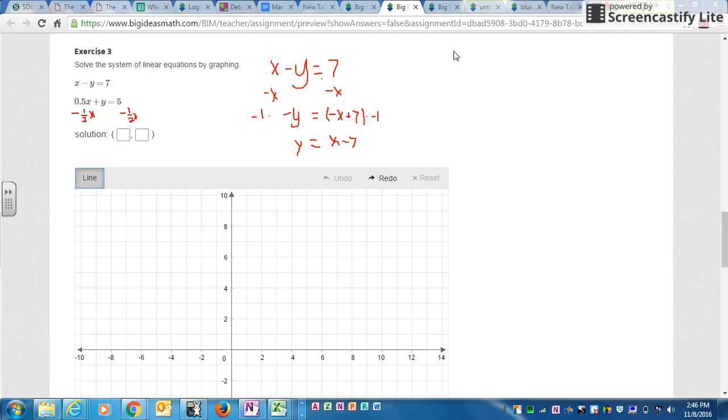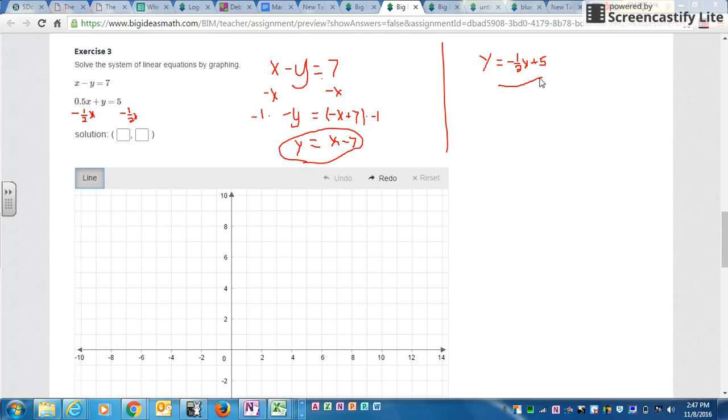And then I'm going to rewrite it over here for my second line, and then I'm going to be left with y equals negative 1/2 x plus 5.